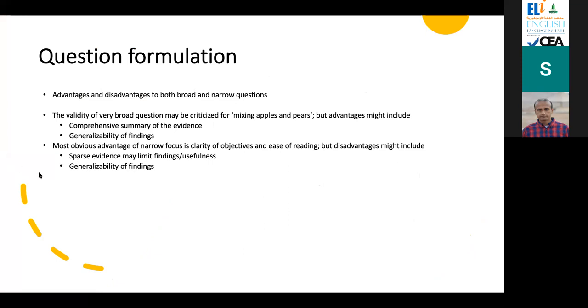Right. So question formulation: advantages of both broad and narrow questions. We can see the validity of very broad questions may be criticized for mixing apples and pears, but the advantage might include a comprehensive summary of the evidence. So we have to see both sides.